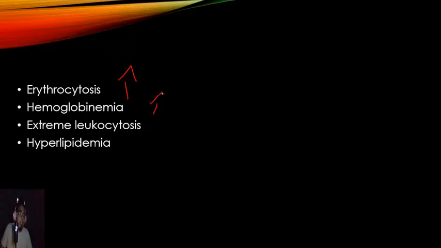So if the patient is suffering from a hemolytic crisis, hemoglobinemia, not hemoglobinuria, all right, extreme leukocytosis, such as those cases of leukemoid reactions, all right, and hyperlipidemia, all right. What is erythrocytosis? What kind of case would you expect someone to have erythrocytosis?